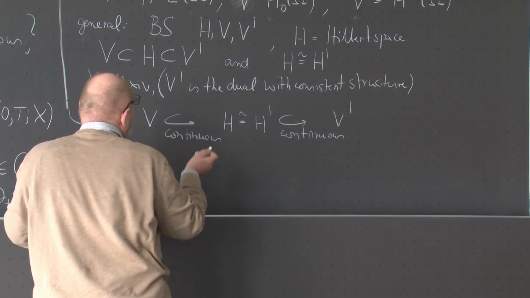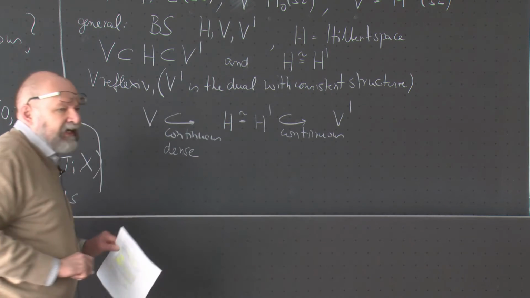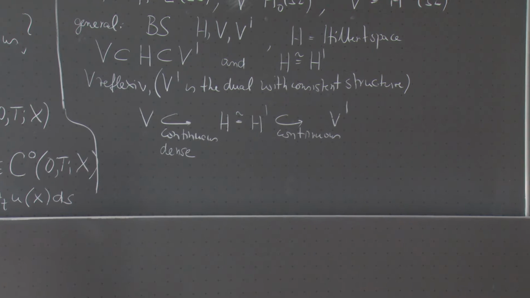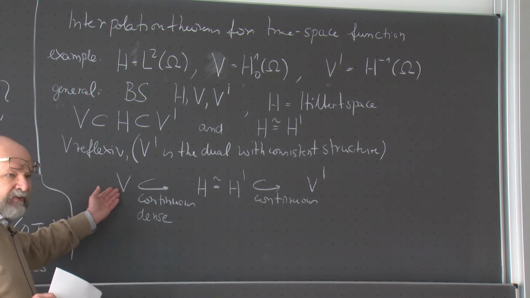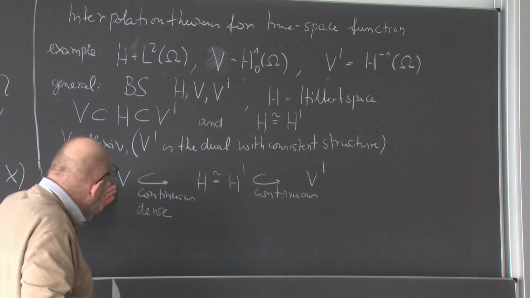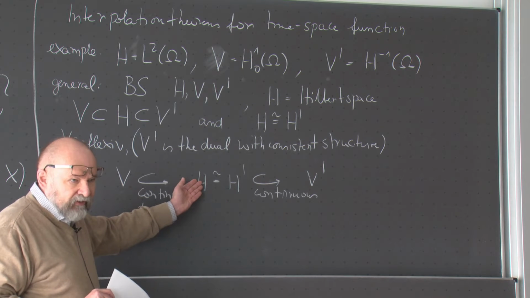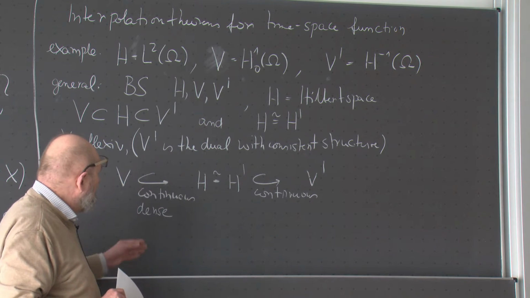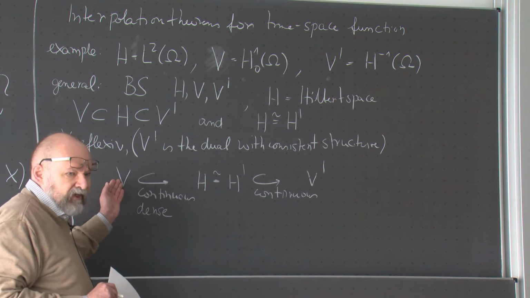So now we would like to have a little bit more. We would like to have that V is dense in H. This gives us the possibility, which is also true, that we can approximate every L2 function in the L2 norm by means of a sequence of H1 functions.